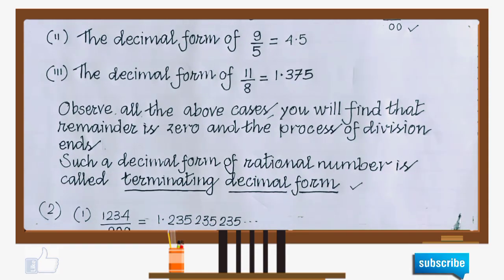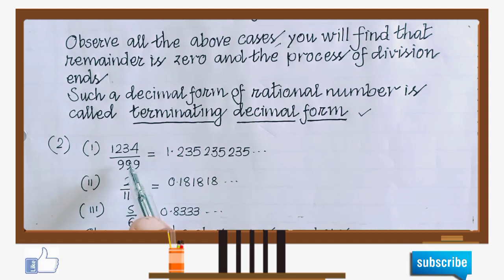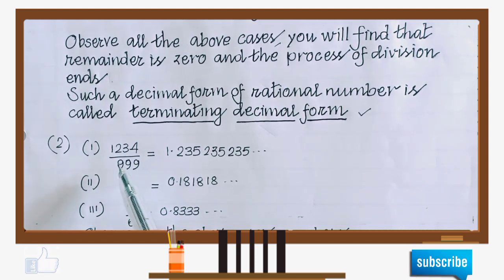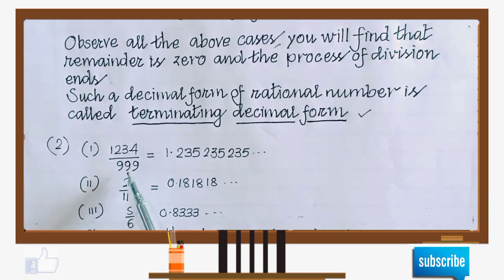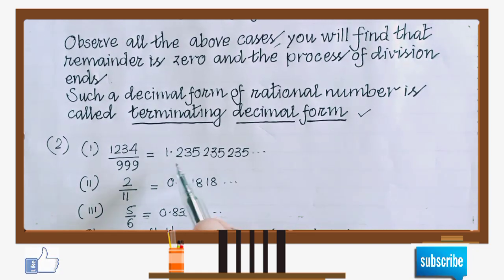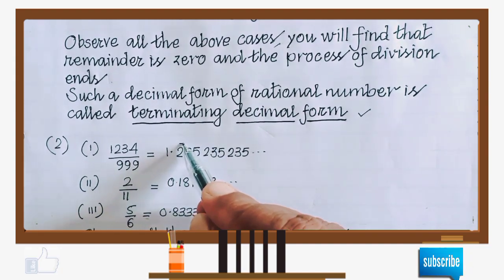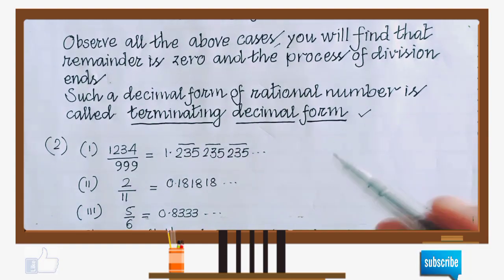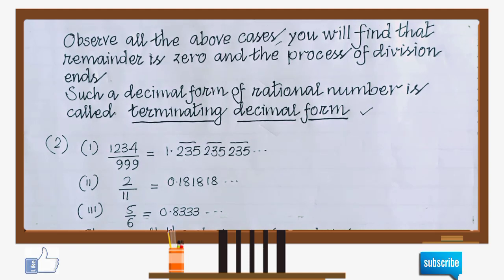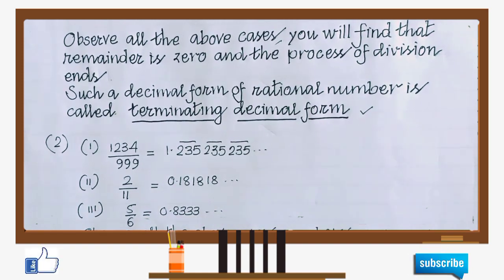दूसरा वाला एग्जांपल देखिए अभी, you take another example, 1234 divided by 999. You will find that 1.235 235 235. In this case you will find that this is one type of group which is repeating again and again, means there is no remainder 0. वहाँ रिमाइंडर जो है ये क्या रहता है, कंटिन्यूसली शुरू ही रहता है.